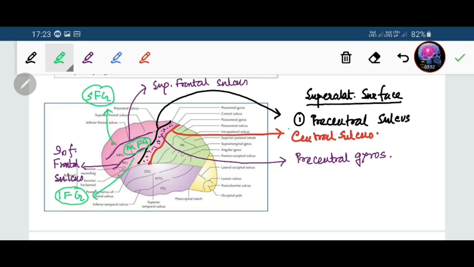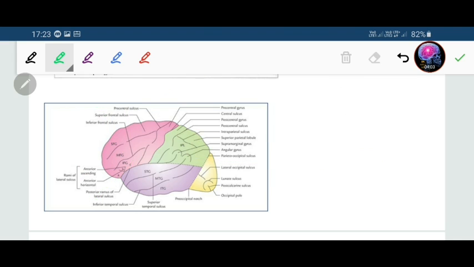Now the anterior and ascending rami of the lateral sulcus. Let's clear out the picture. Let's talk about the inferior frontal gyrus.